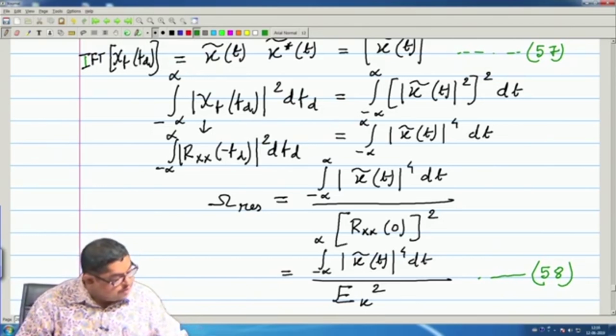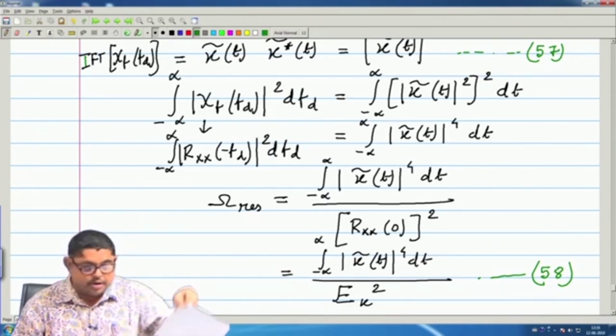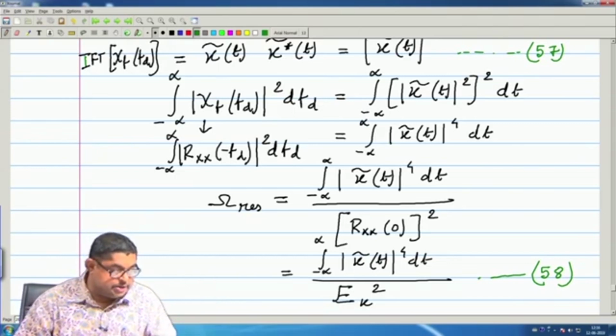We can do it for a single rectangular pulse.